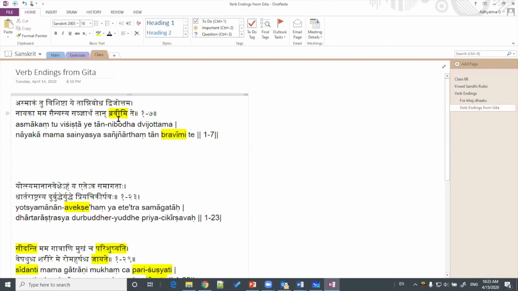Here the verb happens to be brū. Just to let you know, it's brū. Brū means to say, to speak, so I speak, that's what bravimi would mean.